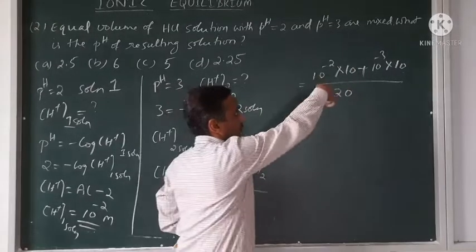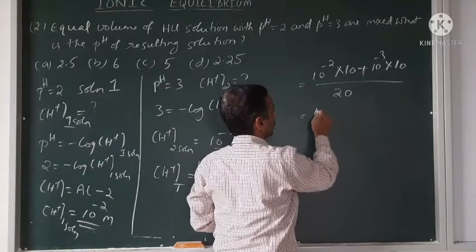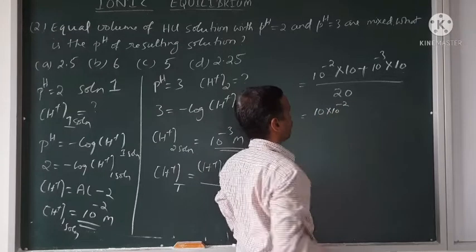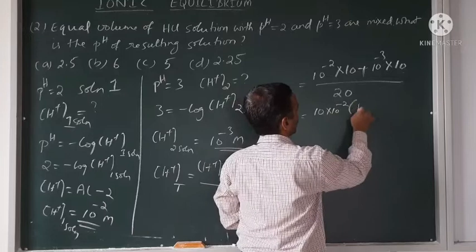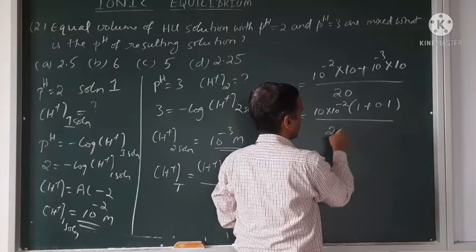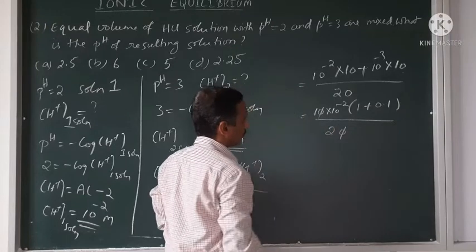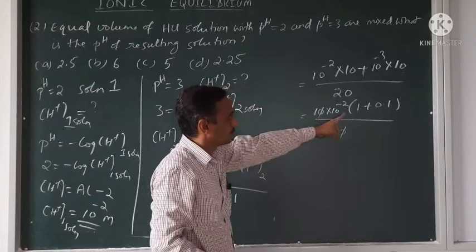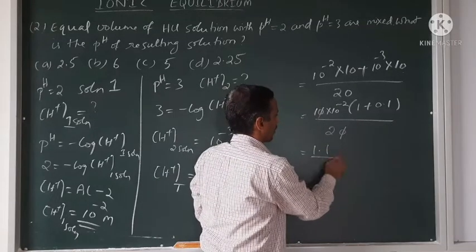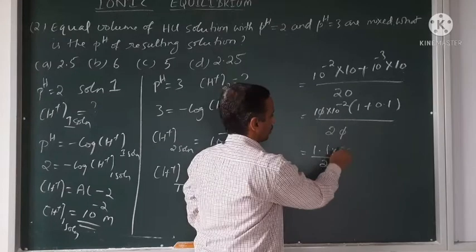So what happens here? 10 into 10 to the power -2 is common. So it is 1 plus 0.1 divided by 20. So I get 1.1 by 2 into 10 to the power -2.